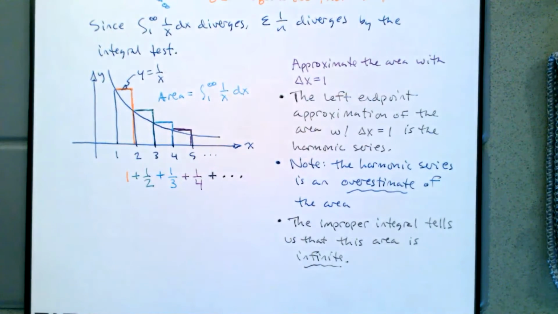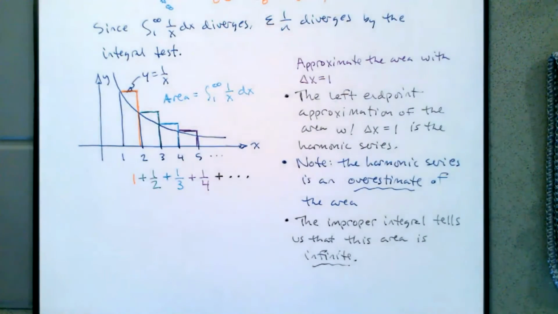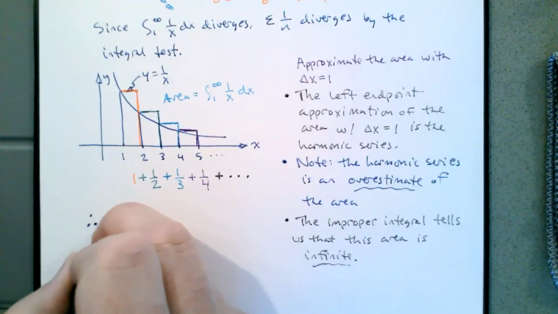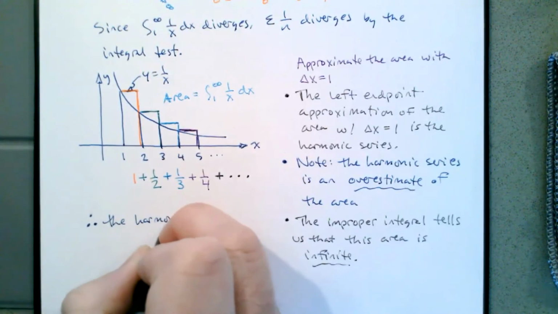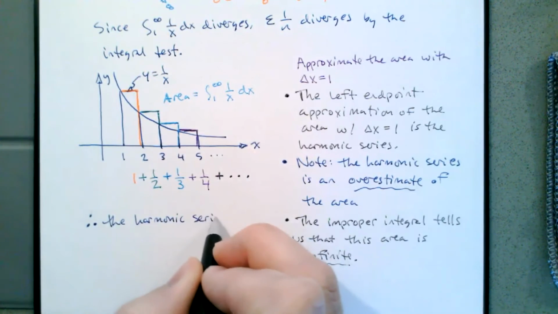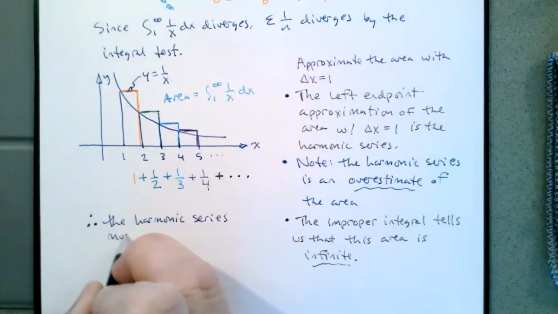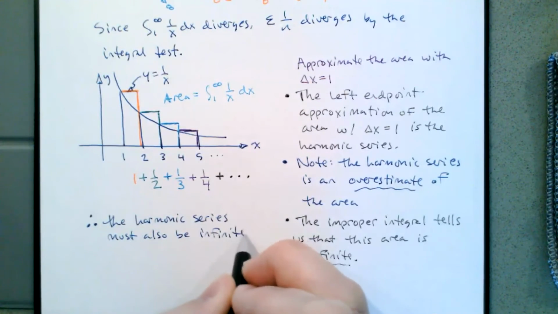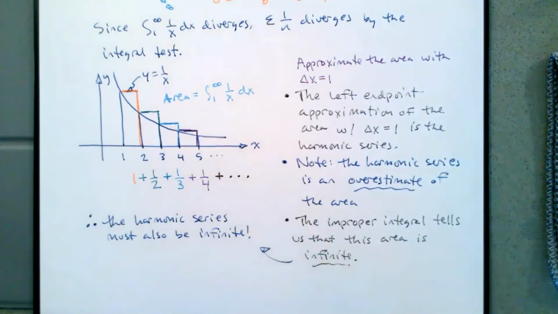So we have an overestimate of an infinite area, and that tells us that the harmonic series must also be infinite. We have to conclude that the harmonic series must also be infinite because it is an overestimate of an infinite area.